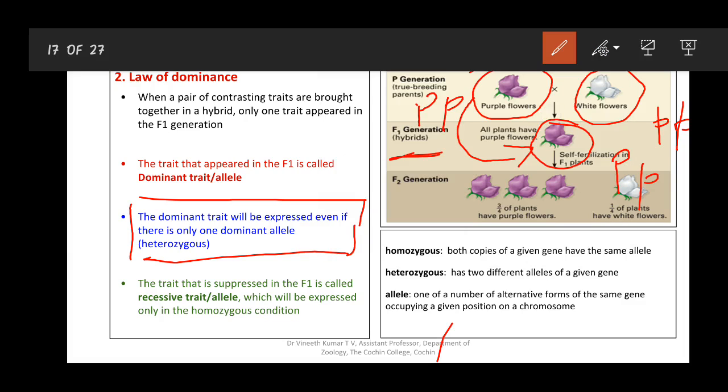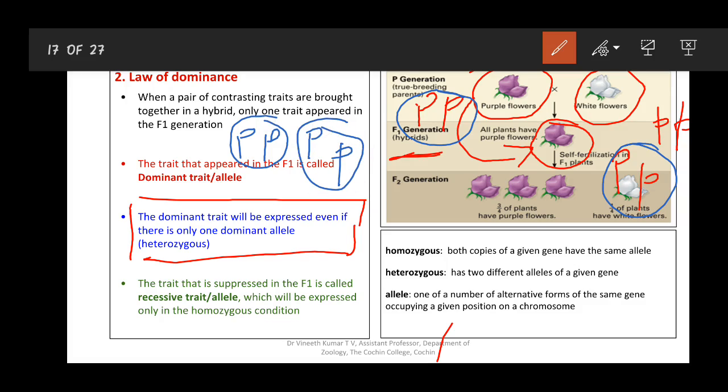This is one genotype, capital P capital P, which gives you the purple color, and this is another genotype, capital P and small p, which also gives you the purple color. So these two genotypes give you the color called purple. Purple being dominant in this case, the dominant trait will be expressed even if there is only one dominant allele, and that is nothing but the heterozygous.